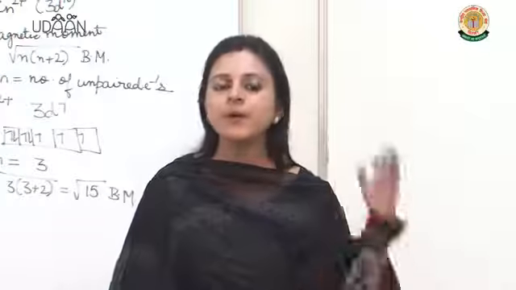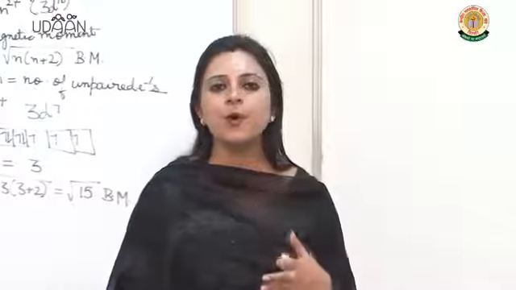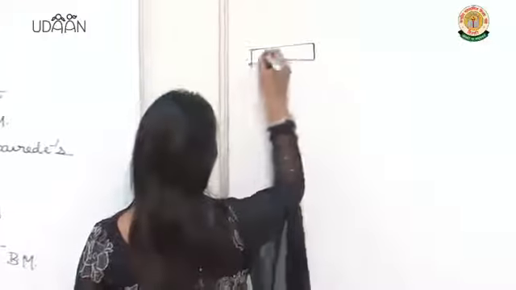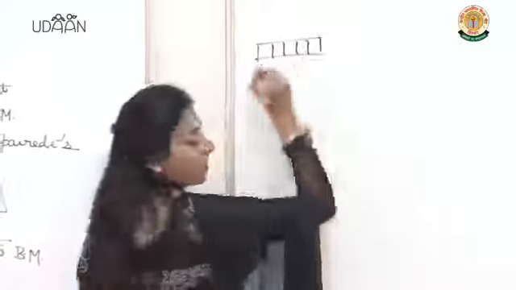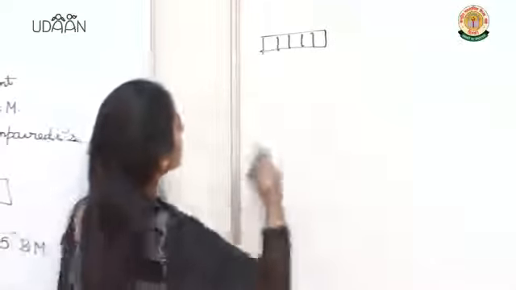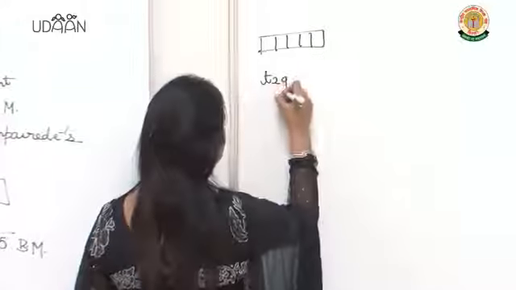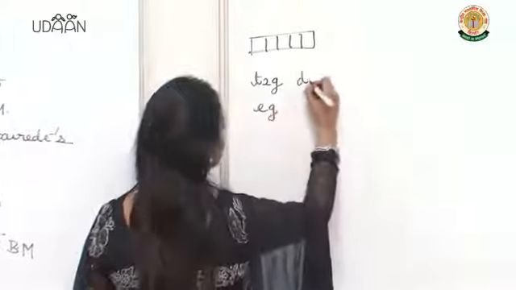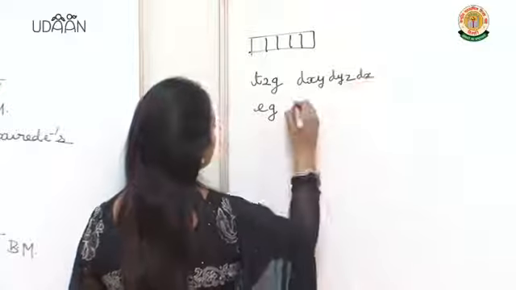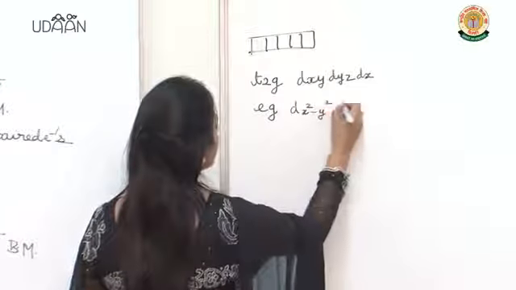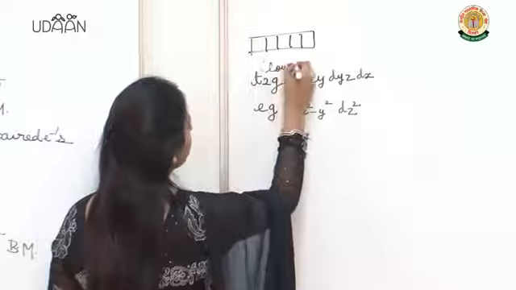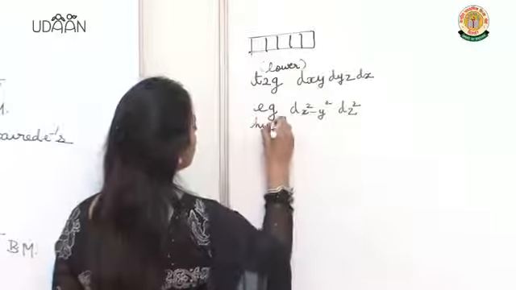When a transition metal compound is formed, the degenerate d orbitals, there are 5 subshells, split into 2 sets, T2G and EG, that is dxy, dyz, dzx in T2G and dx square minus y square and dz square in EG. T2G is of lower energy and EG is of higher energy.